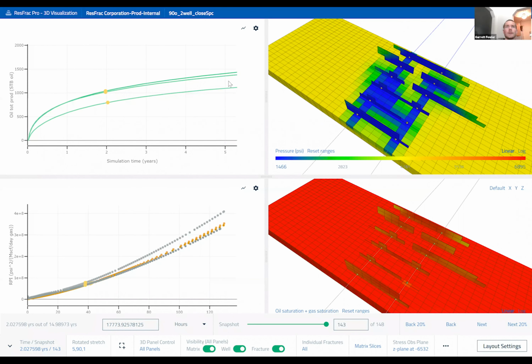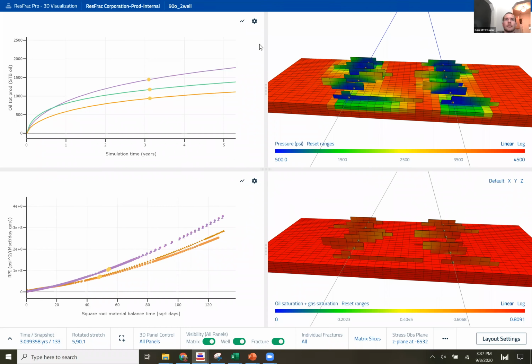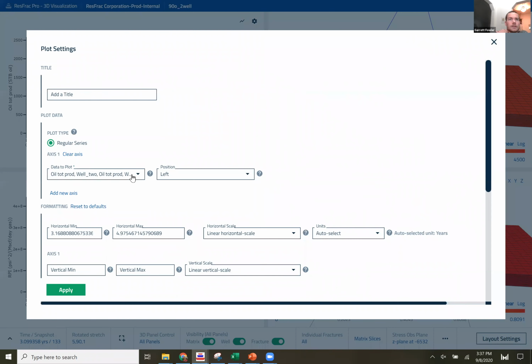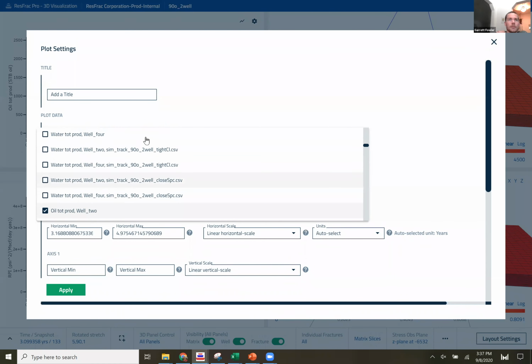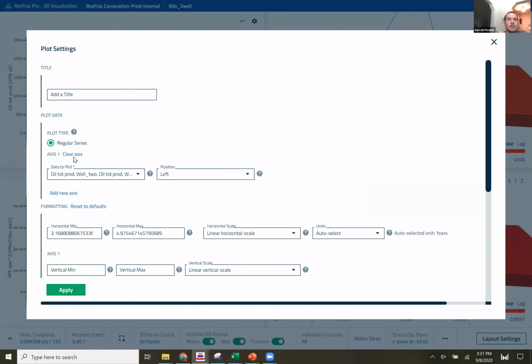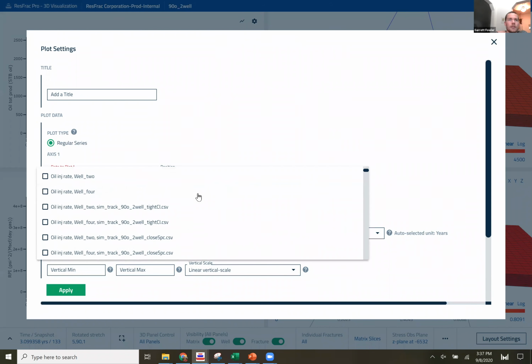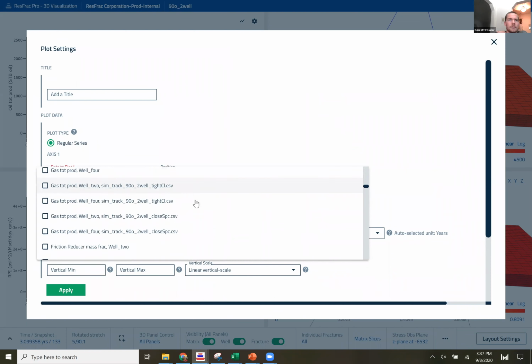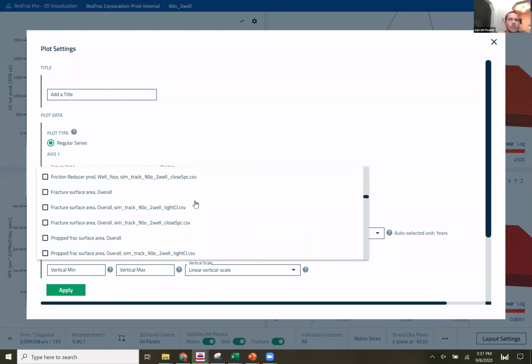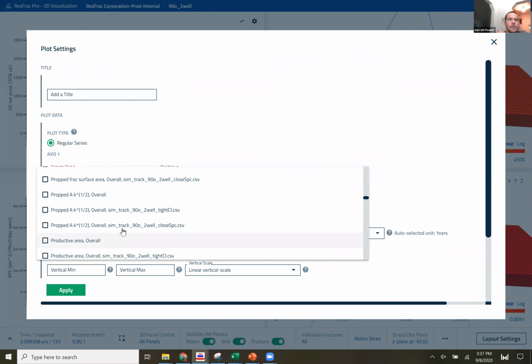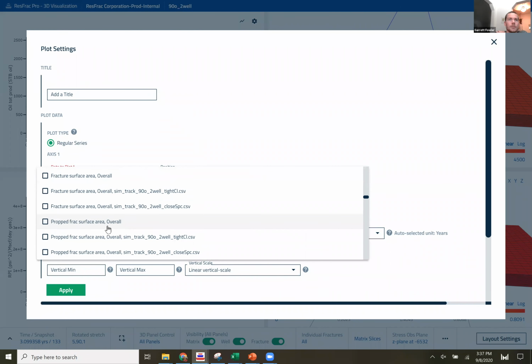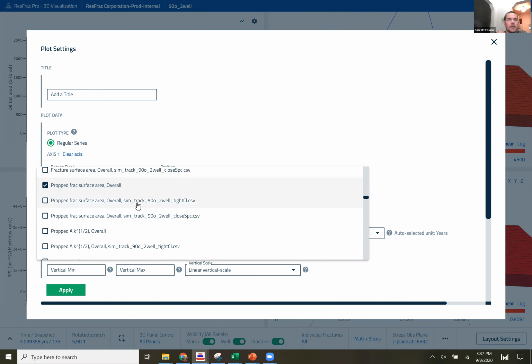Another way to compare that would be to come back into the Viz tool. And I believe this is the case where I've loaded all the simulations. So if I scroll down, there is a total propped area, so propped fracture surface area.